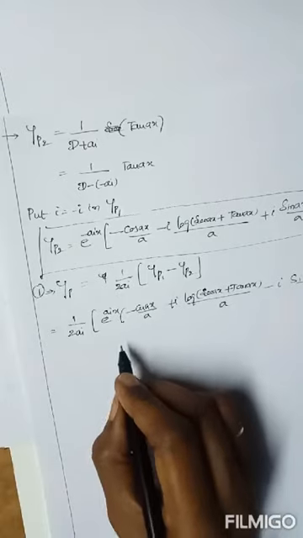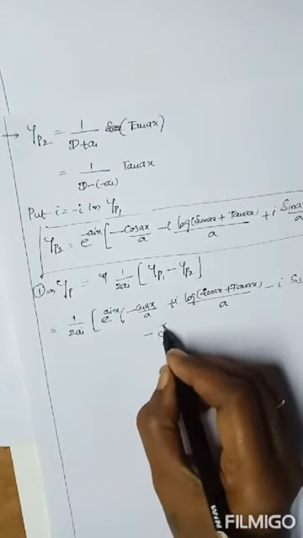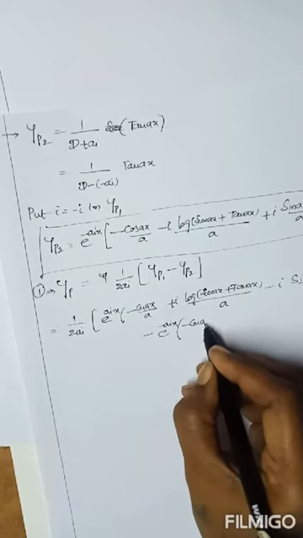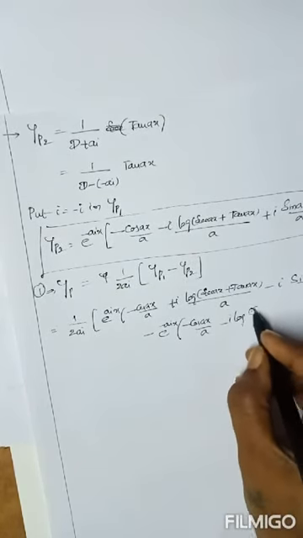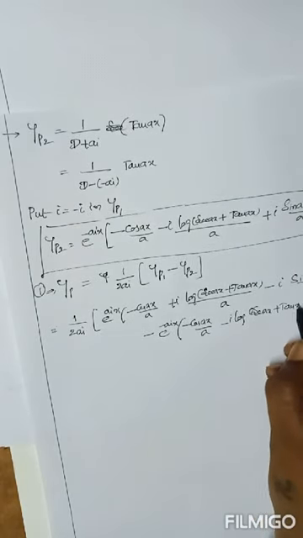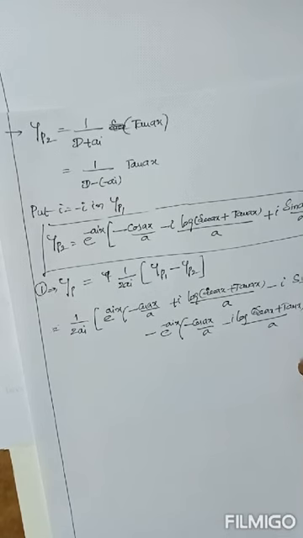This is yp1 minus yp2, which is e power minus aix, minus cos ax by a minus i log of secant ax plus tan ax by a plus i sin ax by a.